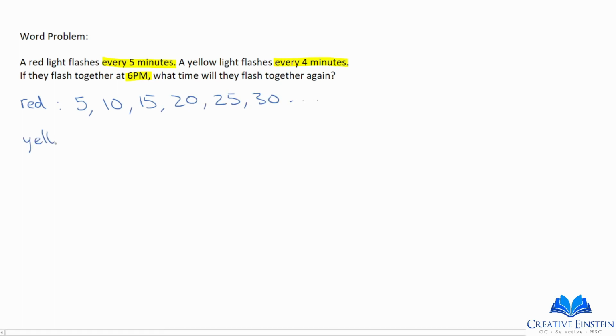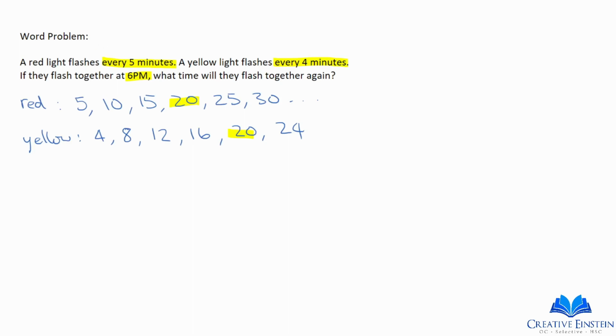The yellow light flashes every 4 minutes, so it will flash at 6:04, 6:08, 6:12, 6:16, 6:20, 6:24.